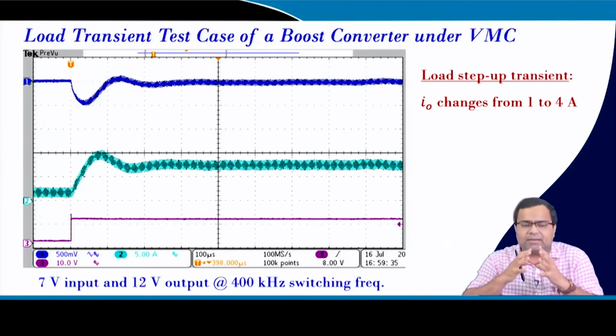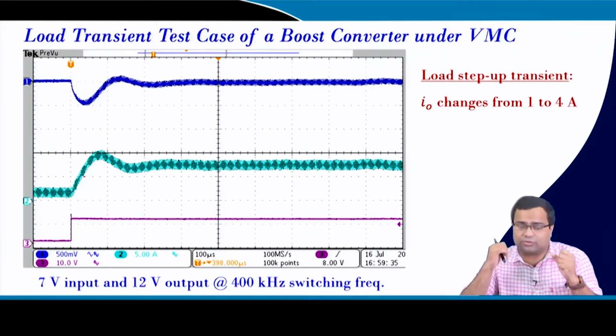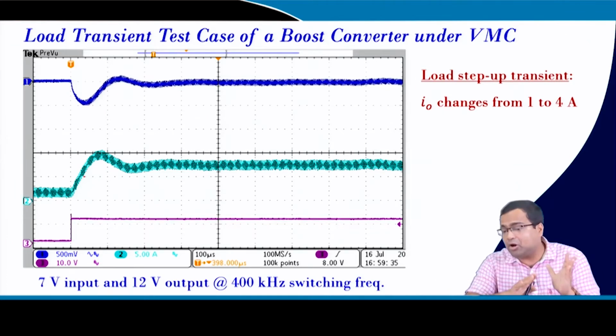Now, here I am showing a load transient test case of a boost converter under voltage mode control. As a designer I have designed the boost converter, but I am not revealing the details.